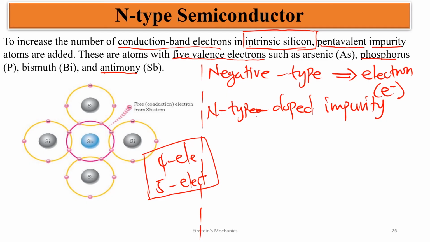Each of the silicon, this is silicon Si, is going to bond with one of the electrons. Here we are using the antimony atom. Are you okay? So let's say this is 1, this is 2, 3, 4, and this is 5, because it is 5 electrons in its outer shell being bonded by 4 silicon.